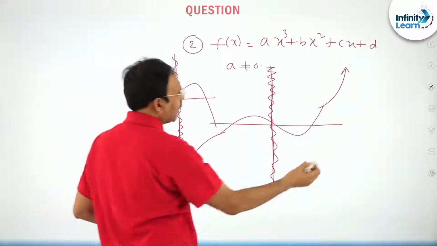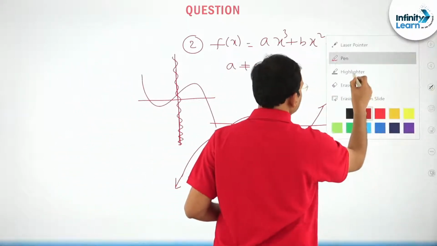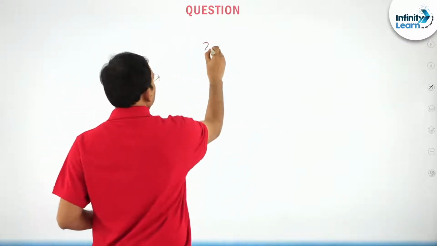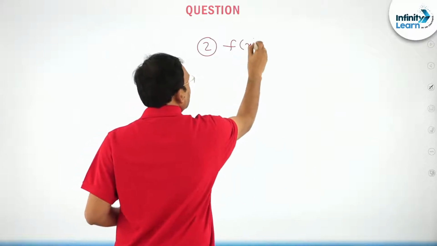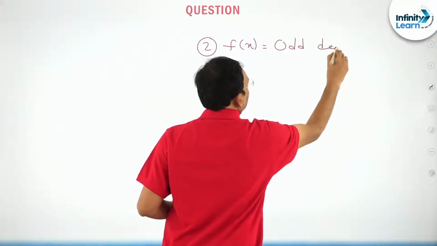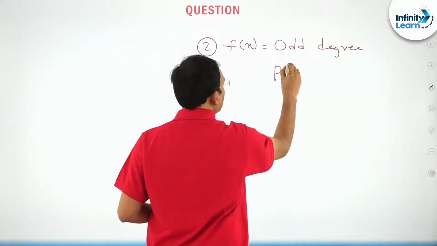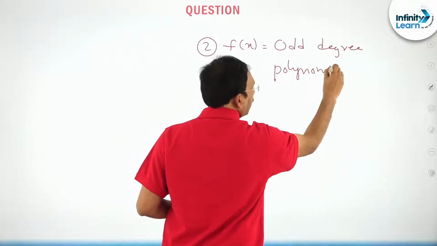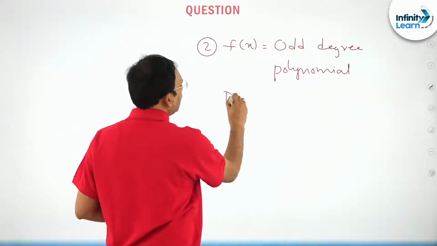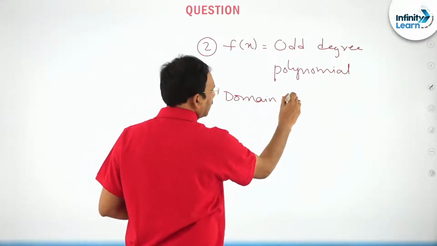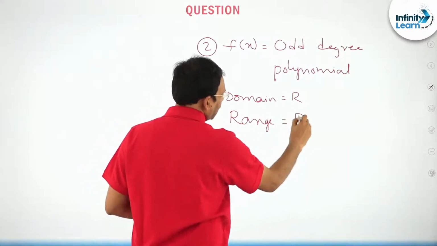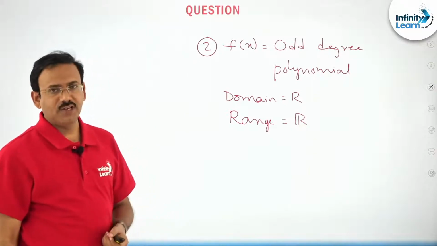So friends, the important observation here, the second point, the most important one: if f of x is any odd degree polynomial, maybe cubic, maybe degree 5, then you can clearly say that the domain is anyhow R, and the range is also R. This is the second important point.